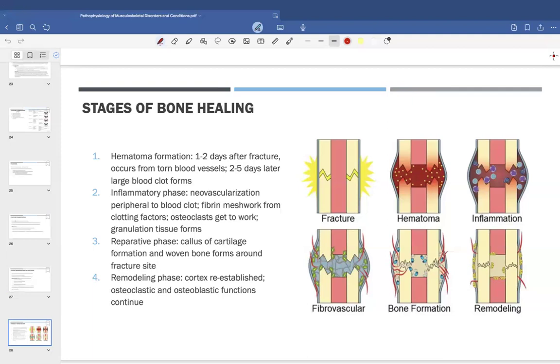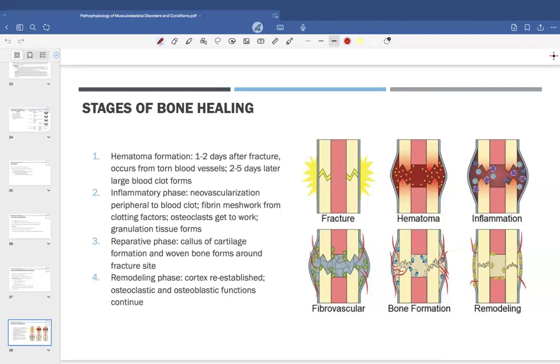Okay, and it's going to occur peripheral to that clot so that it can then bring in nutrients and more cells to allow the osteoclasts and osteoblasts to, number one, smooth out the edges.